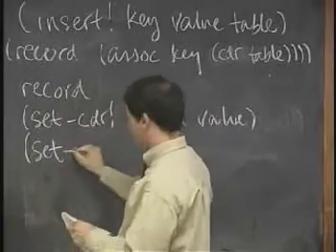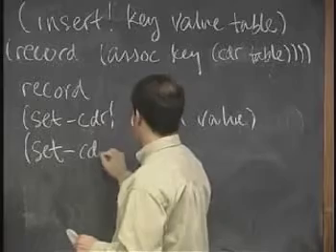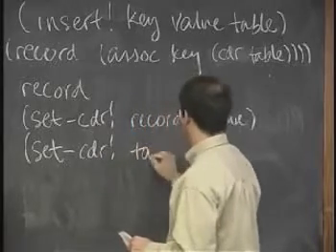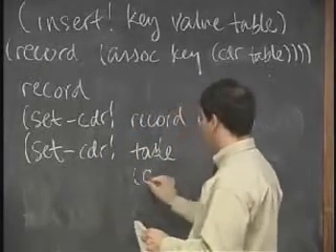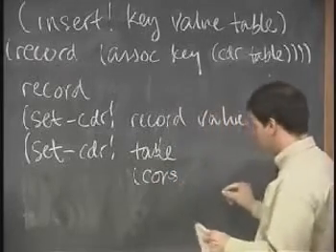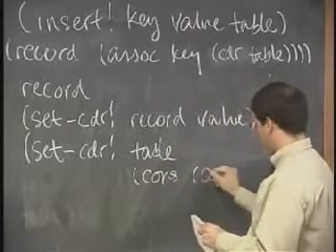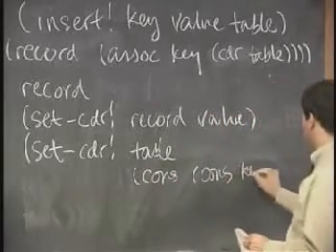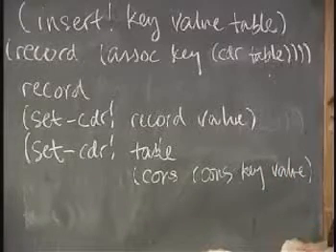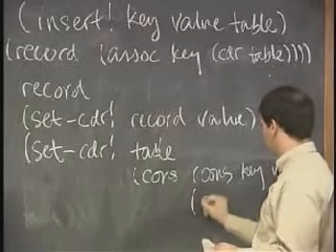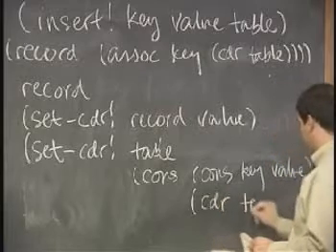So the insertion into the table happens here as a set cdr bang of table, and then a cons, which is the new association, cons of the key and value, onto cdr of the table.